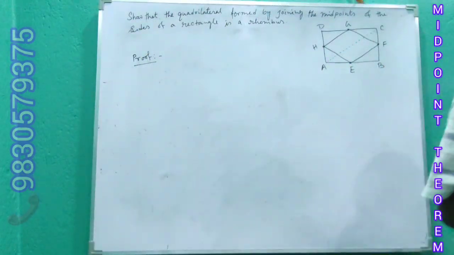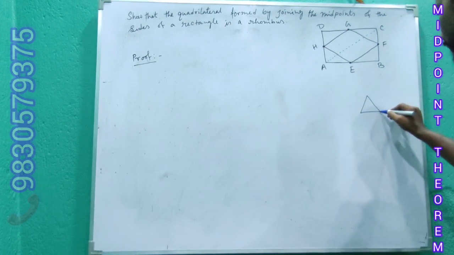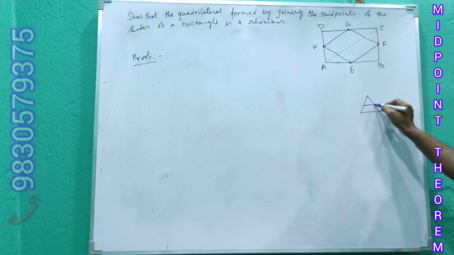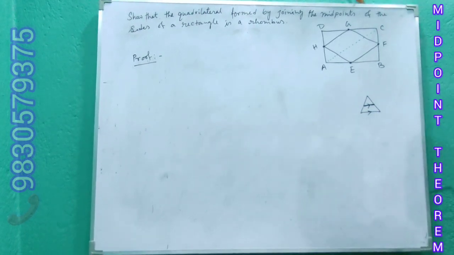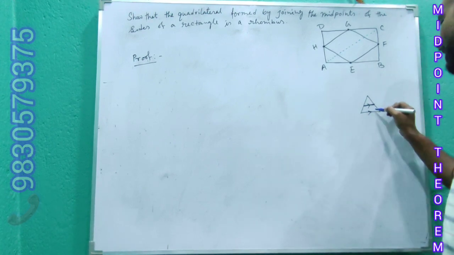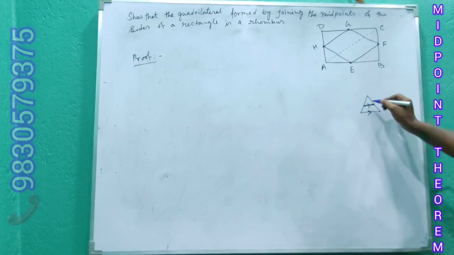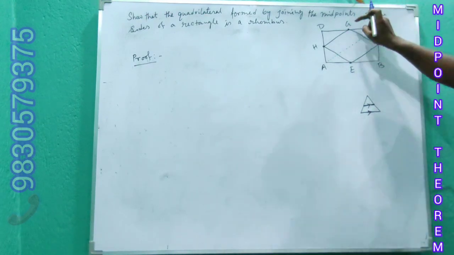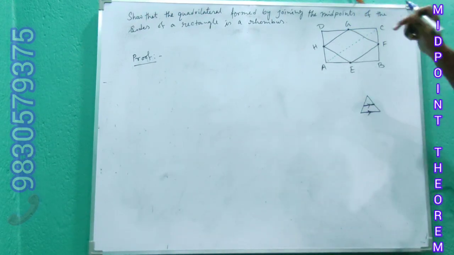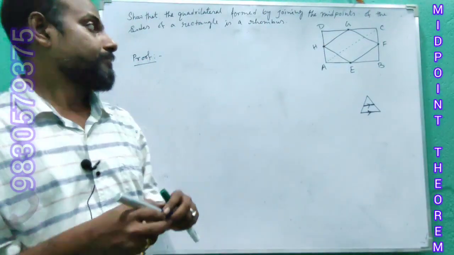By the midpoint theorem, if the midpoints of two sides are joined by a line, then this line is parallel to the third side and is half of the third side. So here also GH is parallel to AC and GH is equal to half of AC. So we have to write it.